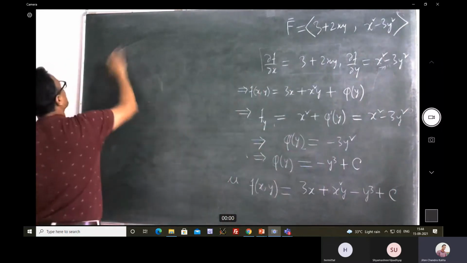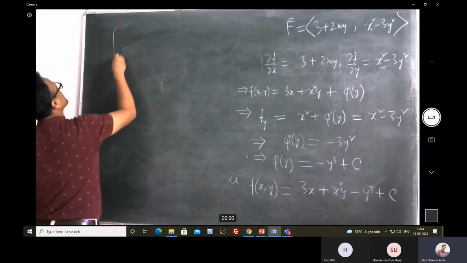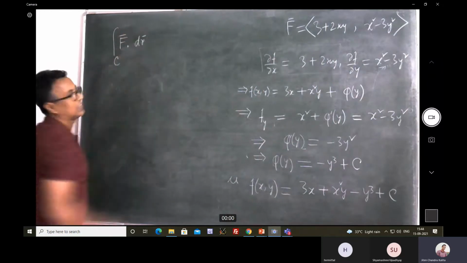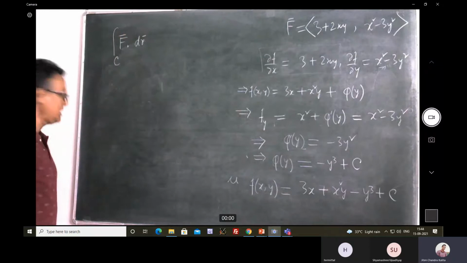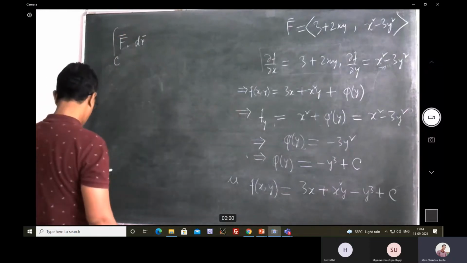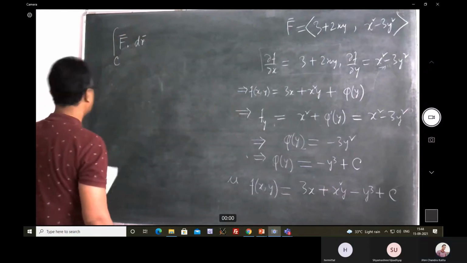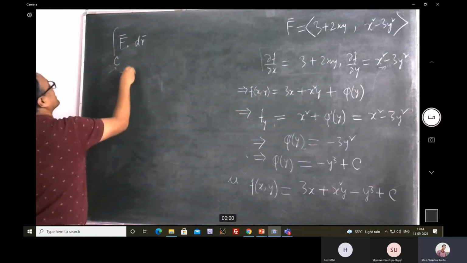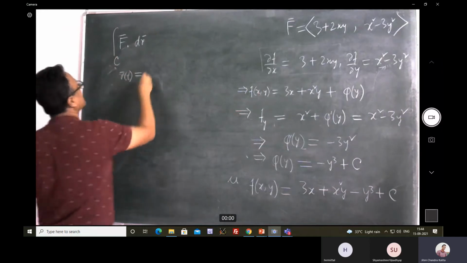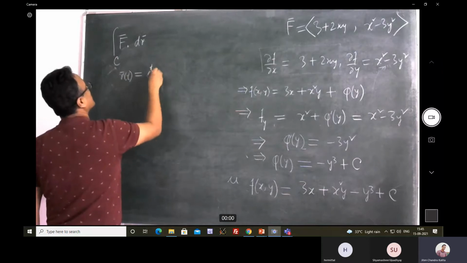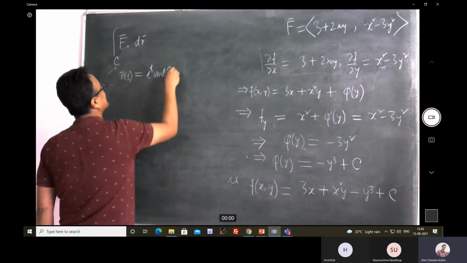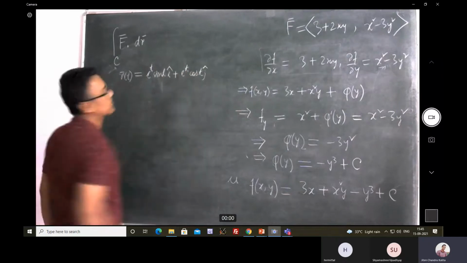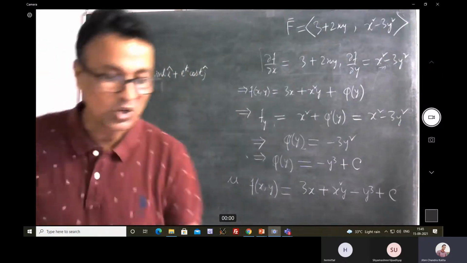Now, suppose you want to evaluate this line integral, where C is given by r of t equal to e to the power t sin t i plus e to the power t cos t j.